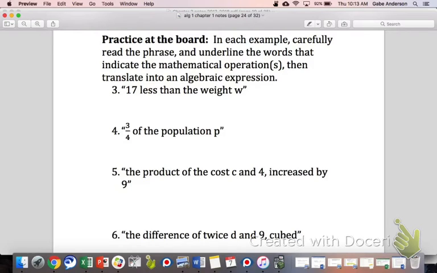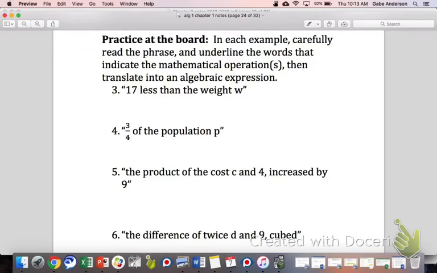If you guessed my age and said 50, and I said let's go 8 less than that, would you go 8 minus 50 or 50 minus 8? Because I said 8 less than that. Do you see how that works? Okay, W minus 17, fantastic, great job. So W minus 17 is definitely correct.